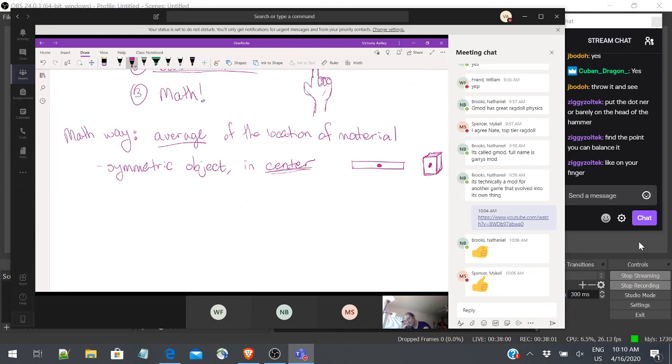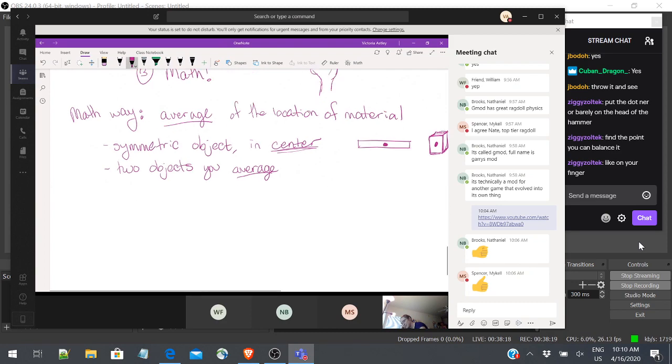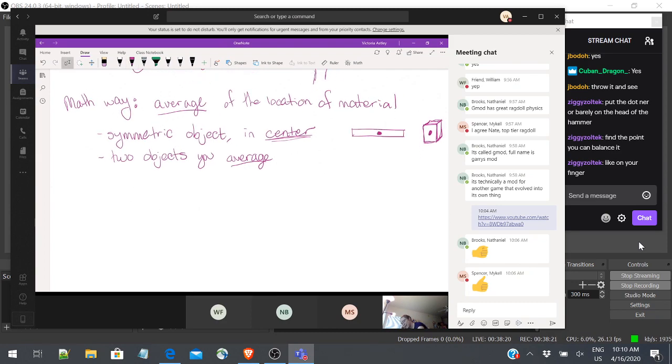If you have two objects, you average their center of mass. So if we have a, let's say, 20 centimeter long piece of wood, the center of mass would be 10 centimeters long.